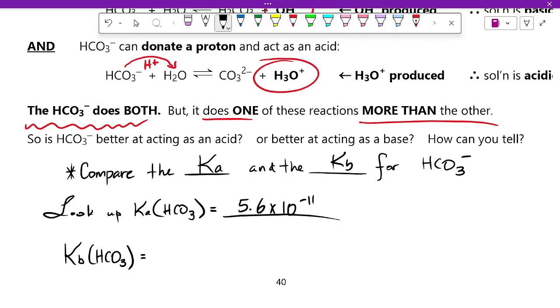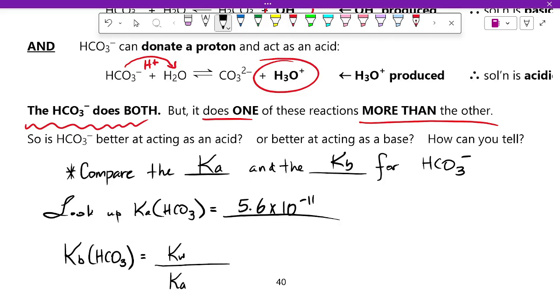Is it right? There's a formula. Do you guys remember it? Kw over Ka.